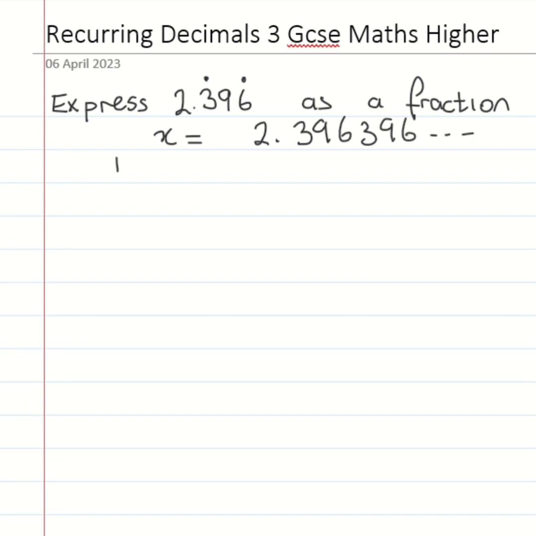I'm going to multiply both sides by 10. And if I multiply this number by 10, then I will move the decimal place to the right once. Therefore, it will be 23.96396 dot dot dot. Since the decimal places are not matching, subtracting this line from the second line wouldn't help, as our main aim is to get rid of the recurring part of the decimal.